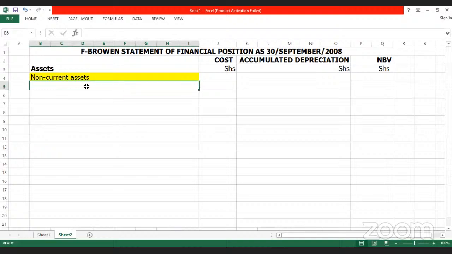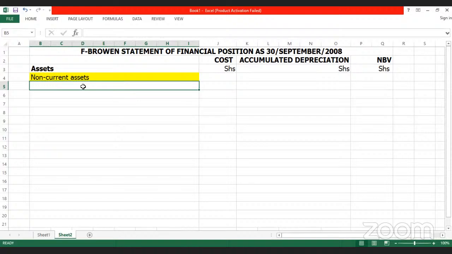But for now, the question has no adjustments. It's just a basic question for us to get familiar with how we prepare the statements. So you will not see the depreciation in this case, but there is a column such that in case we find a question which has depreciation, you know where to put it. So let's start.